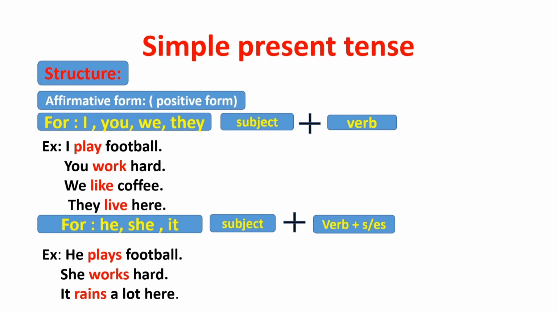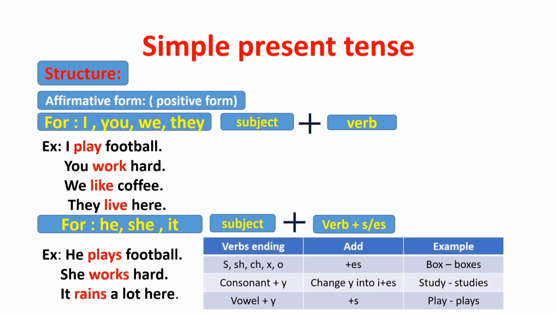How are we adding s or es to the verbs? Here are the rules. For verbs ending in s, sh, ch, x, and o, we add es. For example, box, which ends with an x, we add es at the end to make it singular, like boxes. For a consonant plus y, we change y into i and add es.